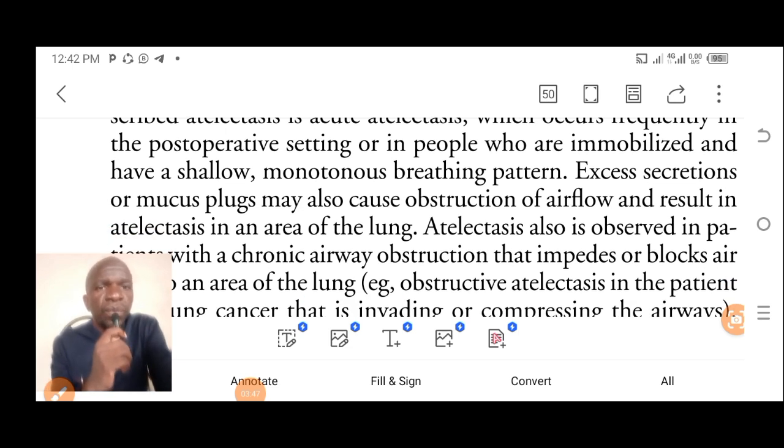Excess secretions or mucus plugs may also cause obstruction of airflow and result in atelectasis in an area of the lung. So that is another cause of atelectasis.